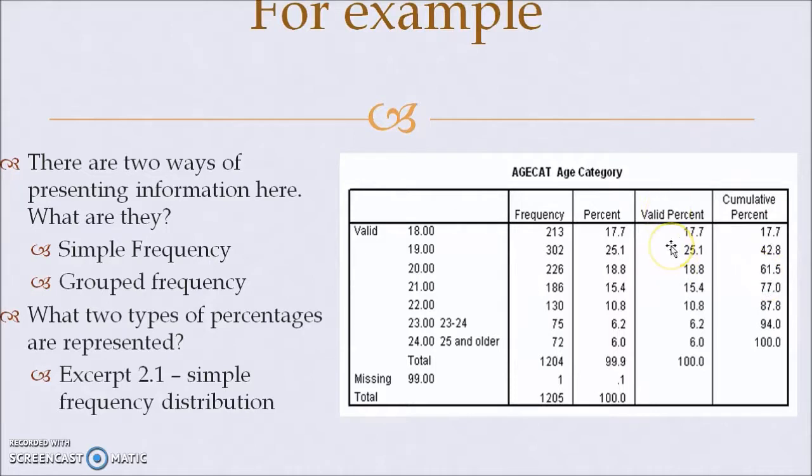That is the difference between percentage and cumulative percentage. So when I'm looking at a simple frequency table, just these two columns, if I want to say something about age 20 and below, then I have to take 20 and all of the ones before it.